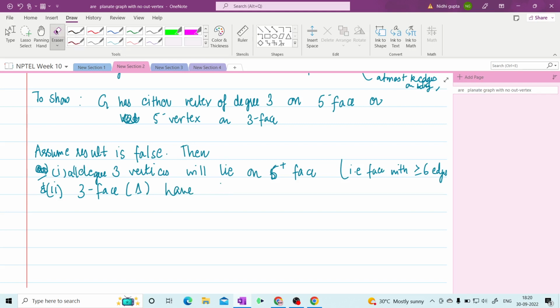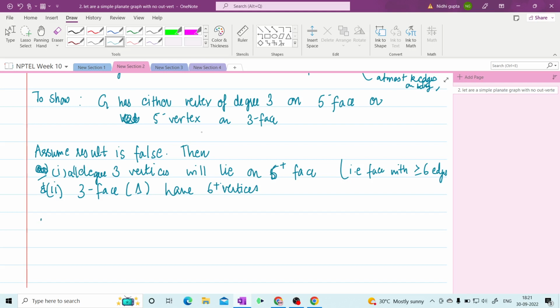So if we assume our result is false, this is what we get. The result says G has either a vertex of degree 3 on a 5 minus face, so the negation is that all degree 3 vertices lie on 6 plus faces. And second, we want a 5 minus vertex on a 3 face, so the negation is that we cannot have a 5 minus vertex on a 3 face. So any triangle has all 6 plus vertices.